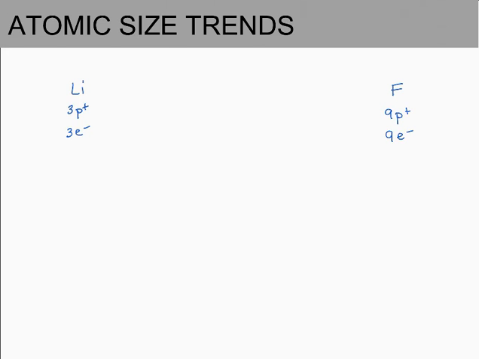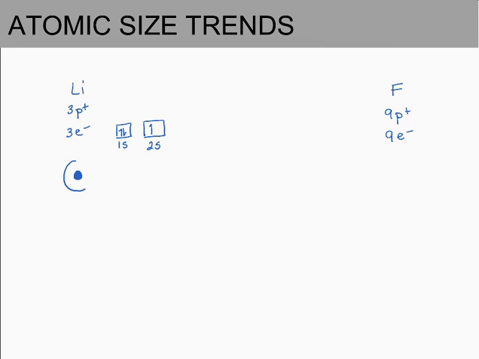Okay, so let's draw a little picture of lithium. So this is the nucleus. And remember, we have 3 electrons. And let's draw our orbital diagram here. So we have 2 electrons in the 1s orbital and 1 electron in the 2s orbital.